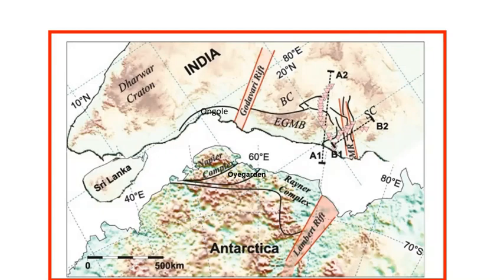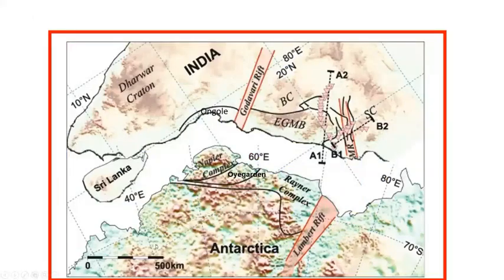See, in this part of the Rayner complex, there is another domain, the Vestfold domain. So this Vestfold domain, we are now taking it to the Ongole domain. And the eastern part of this EGMB and Vestfold, it is a continuous unit.